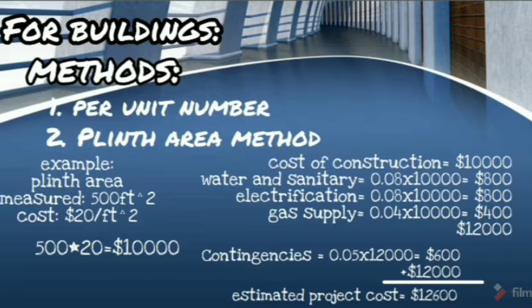Bukod dito, may iba pang expenses na ina-add para makuha kung ilan nga ba yung gagastusin para mapatayo ang isang building. 8% ng cost of construction ay para sa water supply and sanitary, 8% din para sa electrification, at 4% para sa gas supply.